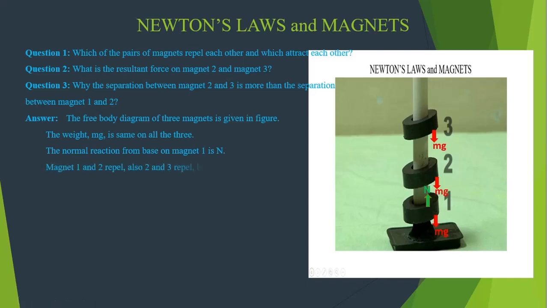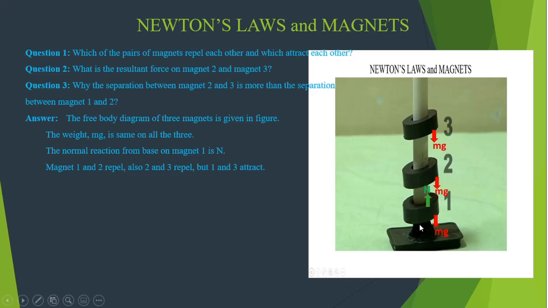Here magnets 1 and 2 repel, 2 and 3 also repel, but 1 and 3 attract. How can we say this? You clearly observe that these two magnets are in hanging position. That means there is a repulsion force between these two and also between these two.